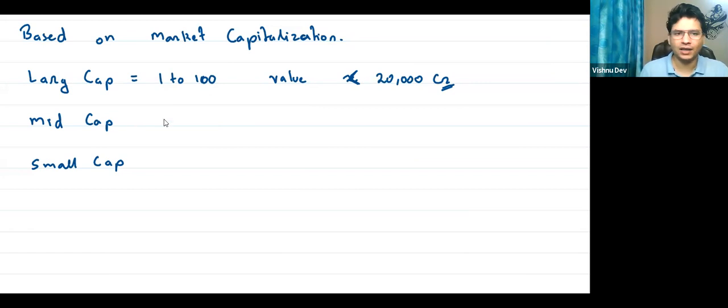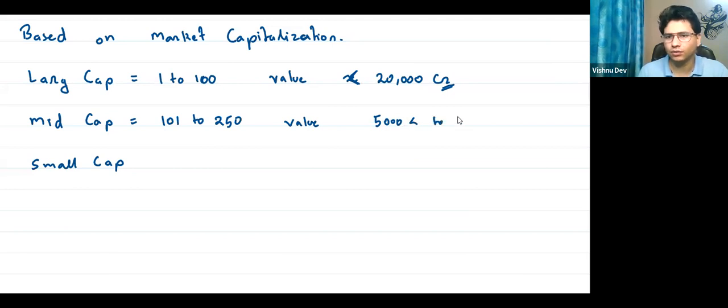Now, when you talk about mid cap, it is companies 101 to 250, and the value lies between 5,000 crores and 20,000 crores.